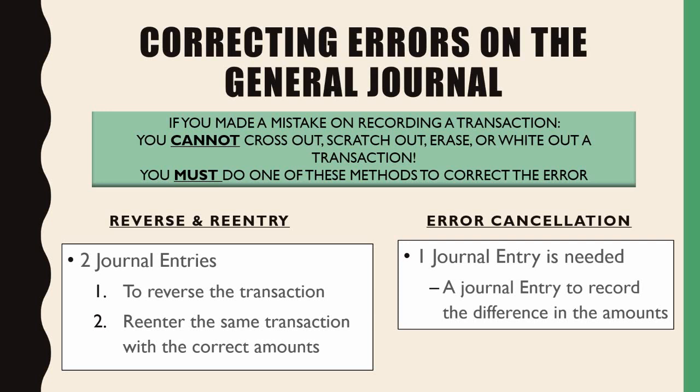Now, of course, when we talk about correcting entries, this is typically for more so if you're doing manual bookkeeping where you are writing out all your transactions, okay? So in this case, rule of thumb here is you should not cross out, scratch out, delete, white out, or whatever ways that you could try to remove a transaction.